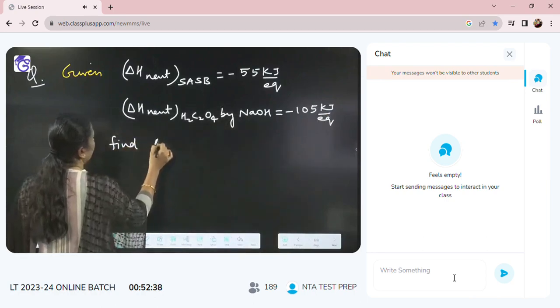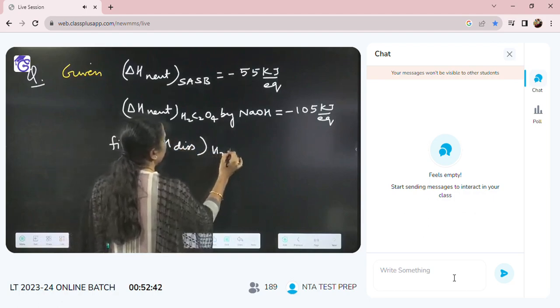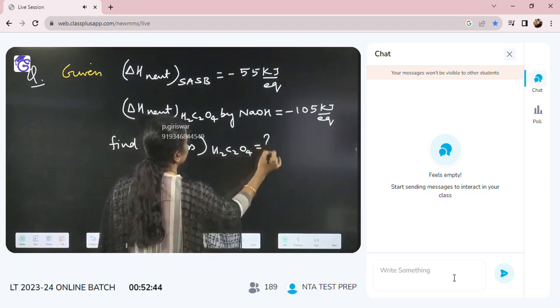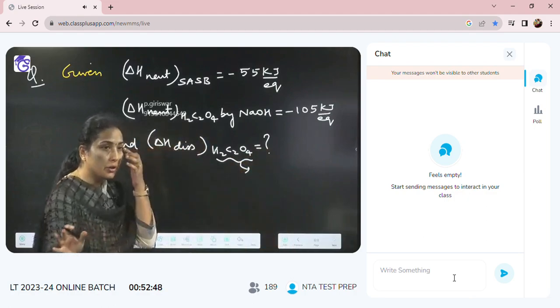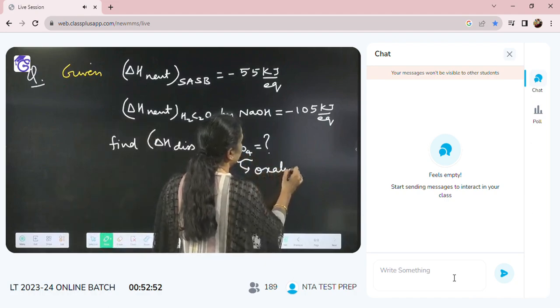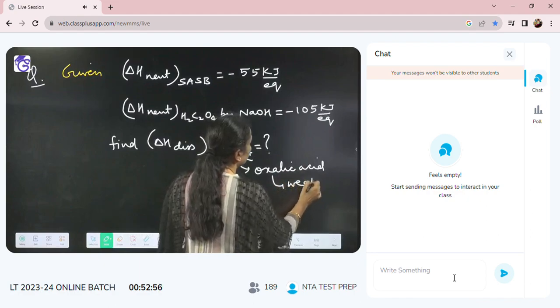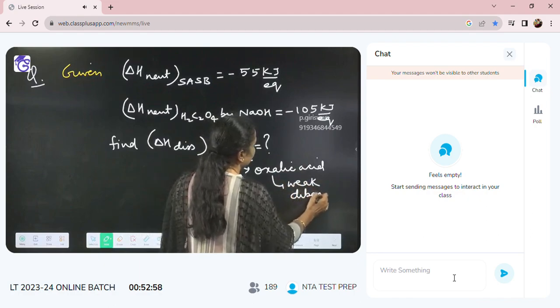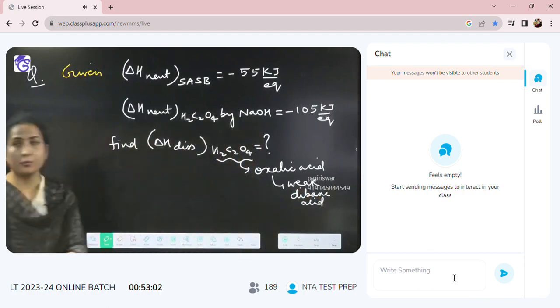Find delta H dissociation or ionization of H2C2O4. All the organic acids, they'll be weak only, right? So H2C2O4 is oxalic acid, and this oxalic acid is a weak dibasic acid. Please find out the answer here, everyone.